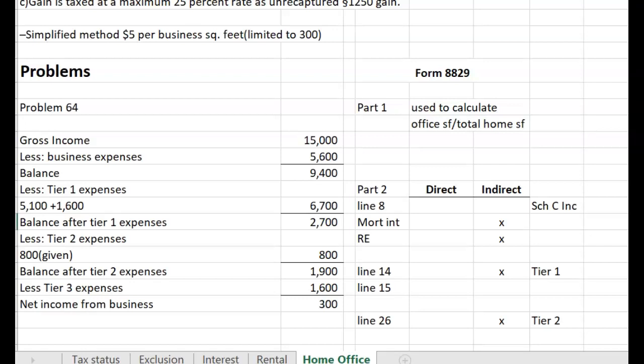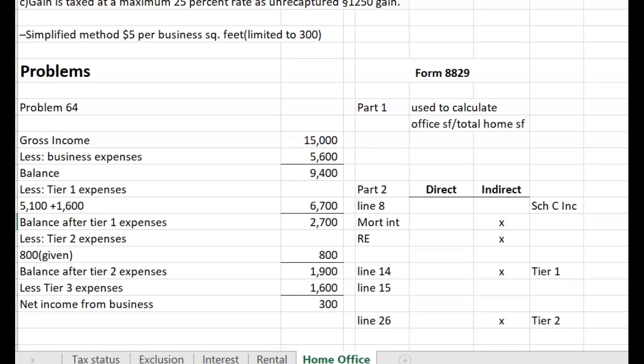Now, the mortgage interest, because it's business use of home, not all the mortgage interest would be put on 8829, only the portion that pertains to business. In this problem, they told us that the square footage of the home was 500, just dedicated to the business. They didn't give us our total square footage percent.